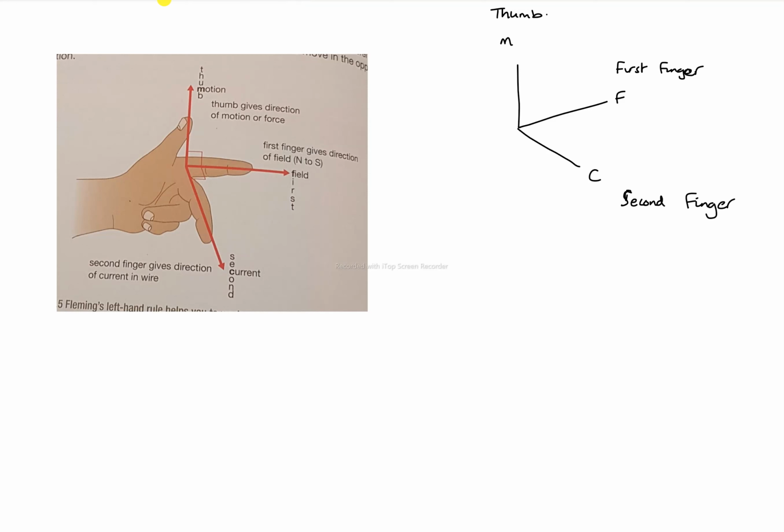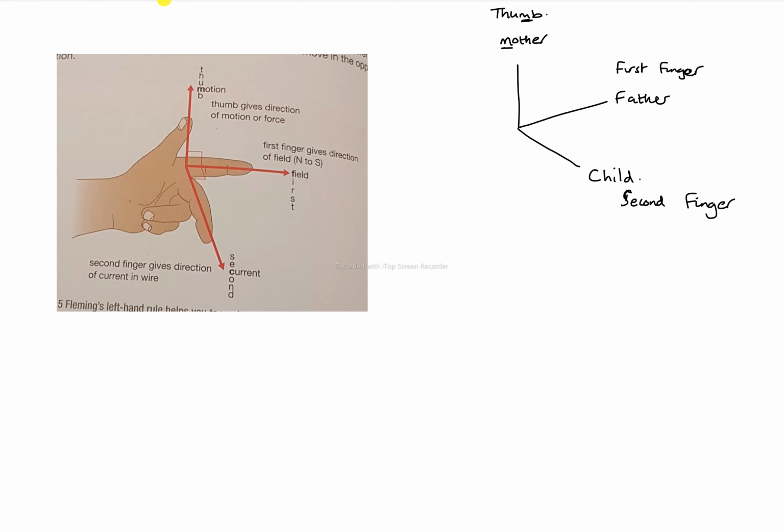The M in thumb. Now someone's described this as mother, father, child, which is fair enough. I like that description. Now we've got to figure out what the M is.